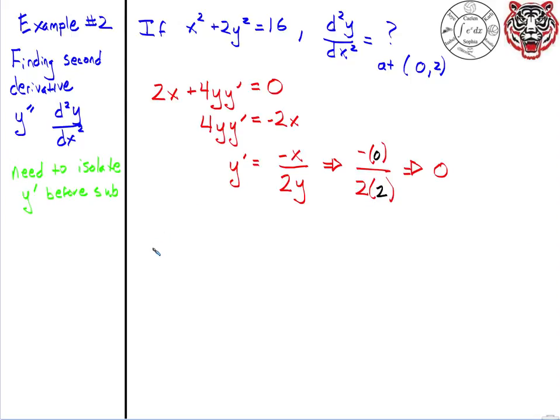All right, so from there, I'm going to use a different color to do y double prime. If I had y prime, y double prime is going to be what? Read it out to me.